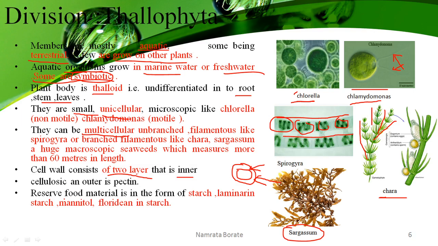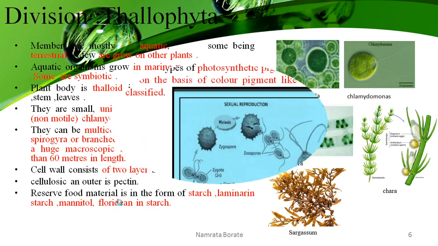In thallophyte organisms, the reserve food material is stored in the form of starch. In some algae like red algae, brown algae and green algae, the reserve food material is in various forms like laminarian starch, mannitol and floridean starch.